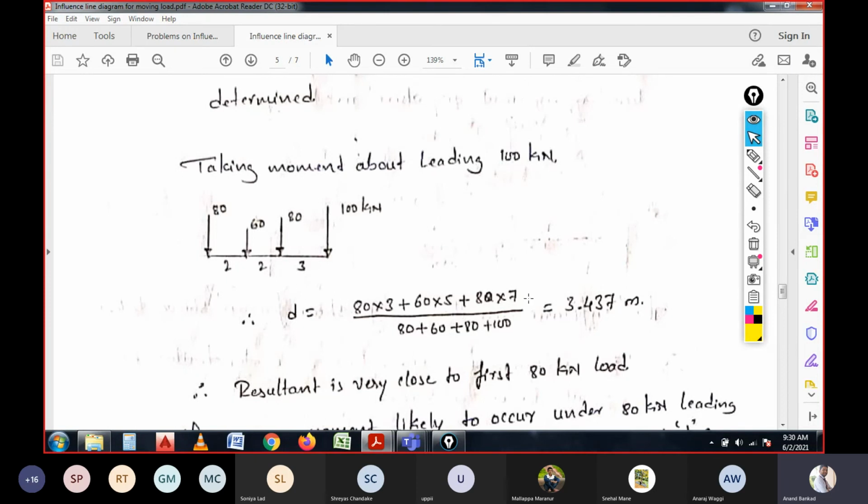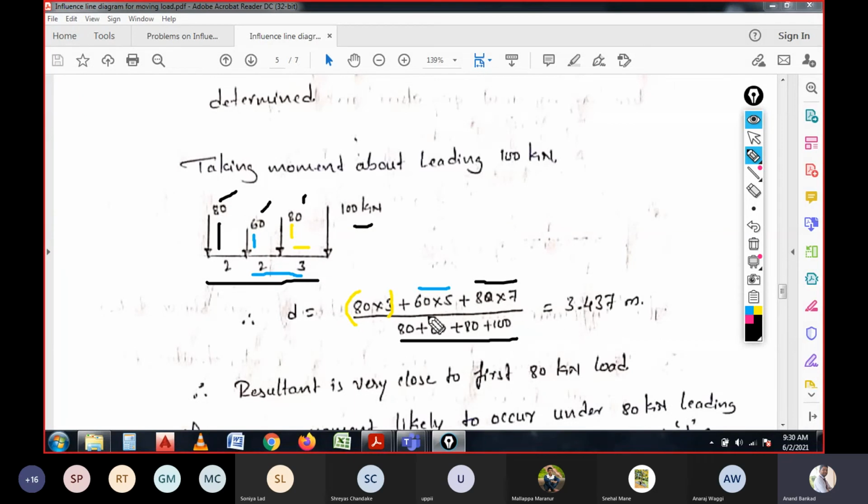The same thing is written over here: 80 into 3, then 60 into 5, and then 80 into 7, divided by the total sum of loads: 100, 80, 60 and 80. So for the whole set of loads, we get 3.437 meters.